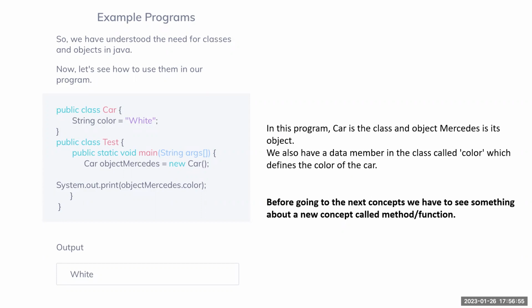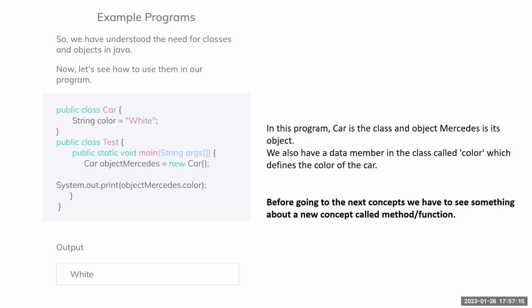Okay, let me start with the program, one small example. Till now I think you guys have understood what exactly a class and an object is in Java. So how do we use them? I just created this public class Car.